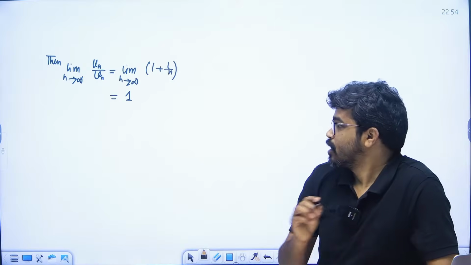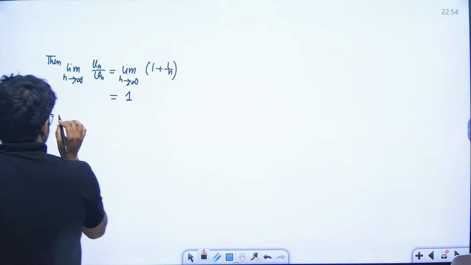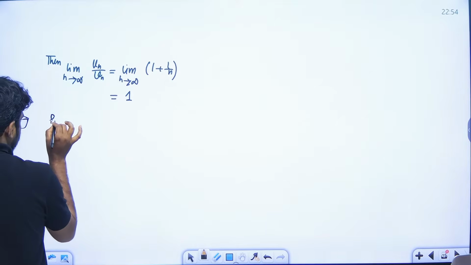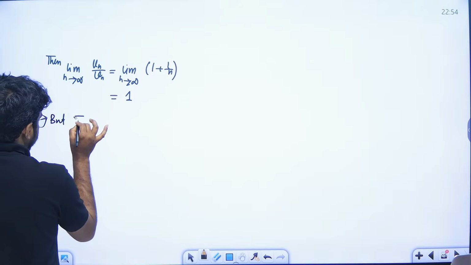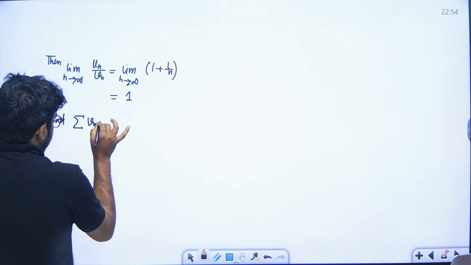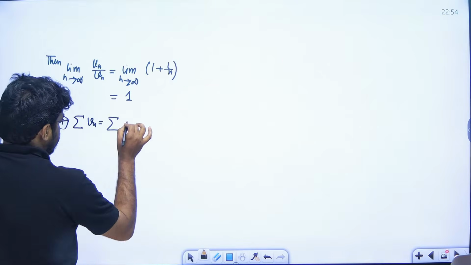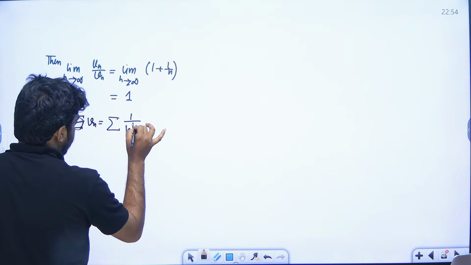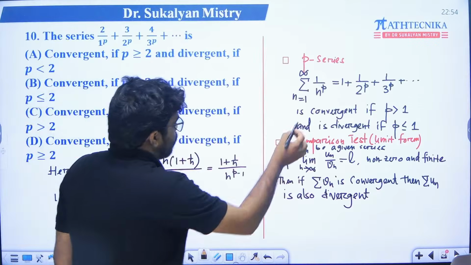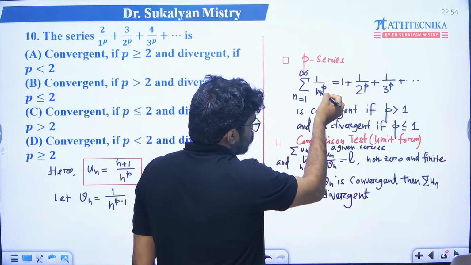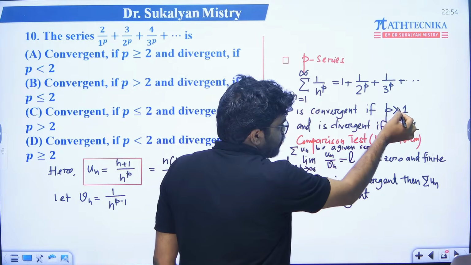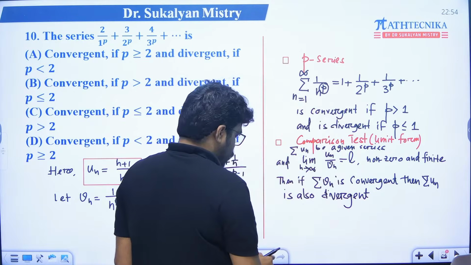Okay. What is summation vn? Summation vn, where vn is 1 by n to the power p minus 1. Just see this, p series 1 by n to the power p. This is convergent if p is greater than 1, right?